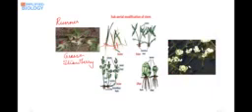Next is the offset. Now this is just like a runner, but they are found in aquatic plants. Aquatic plants like pistia, this is pistia, and eichhornia.